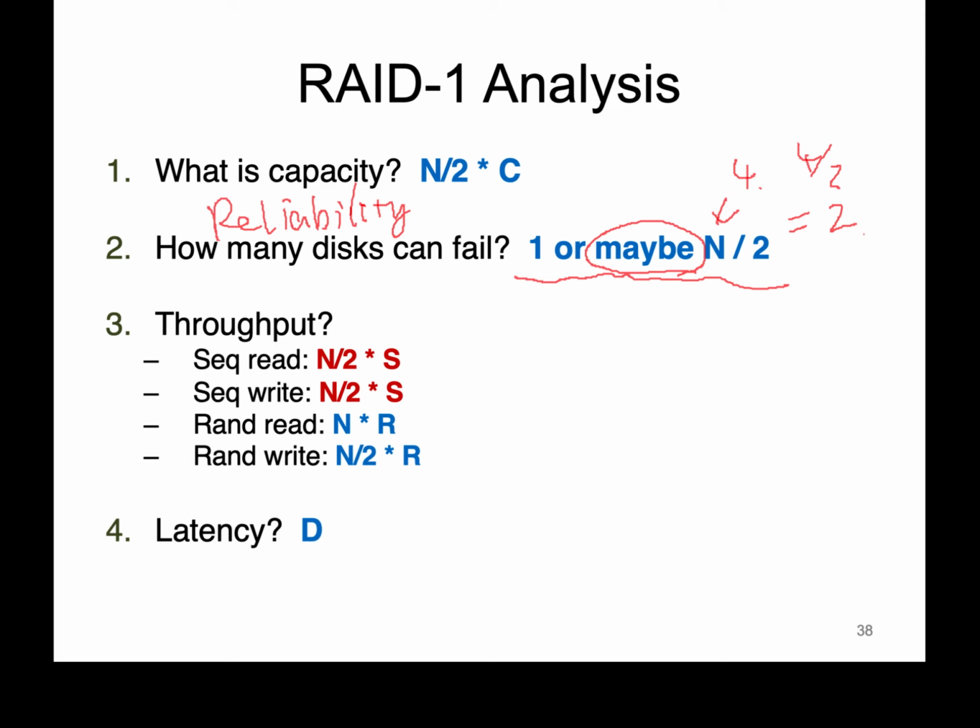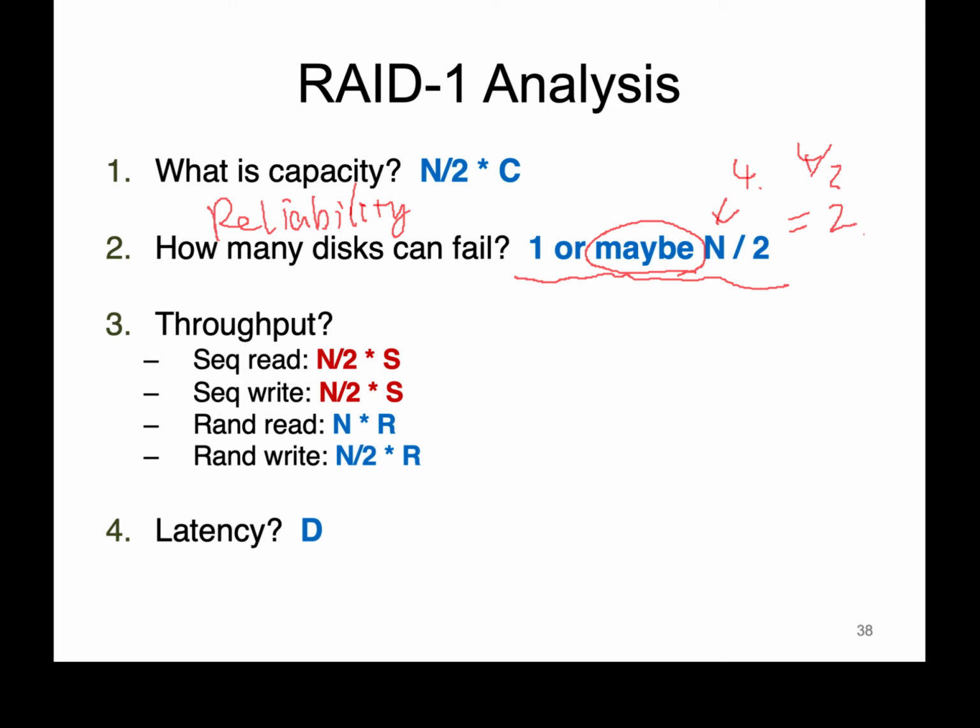And the reason we have this maybe keyword is because it depends on which exact set of hard disk drives fails. If unfortunately the set of disks that are used to store the whole set of data fail, then we basically lose half of the data, which is not fine, right? So this is reliability.